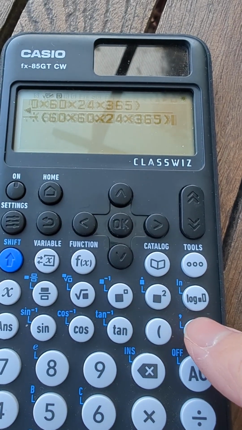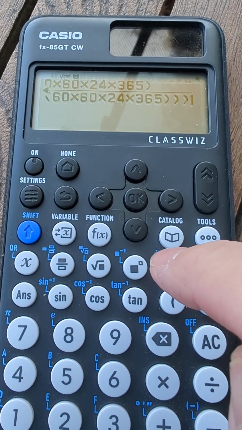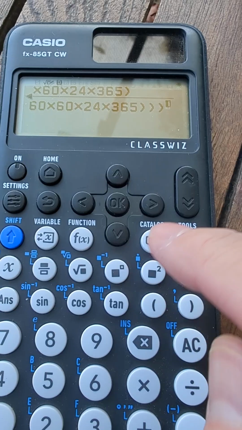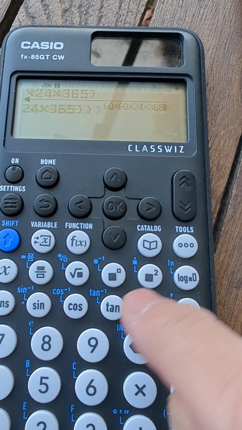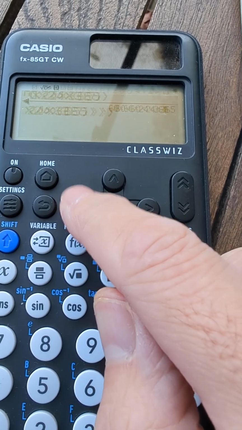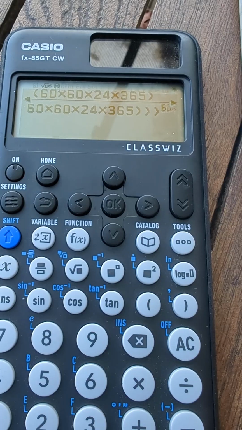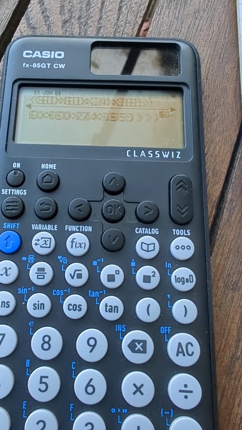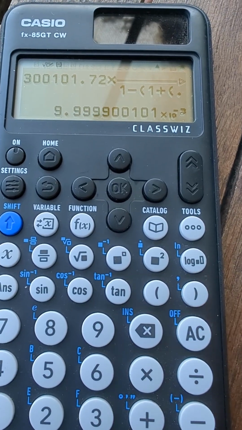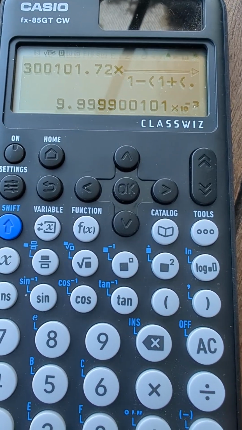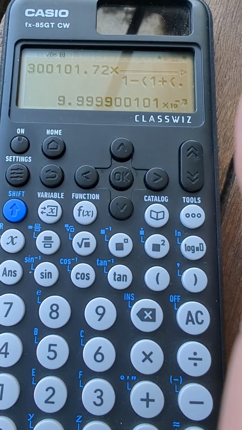Power. There's power there. And then we need n, 60 times 60 times 24 times 365. But we need negative n. So that is, there we are. Right, hopefully that will work. There we go, and so it's about 0.01 or 1 cent, but not quite. And that's actually a very accurate answer there.